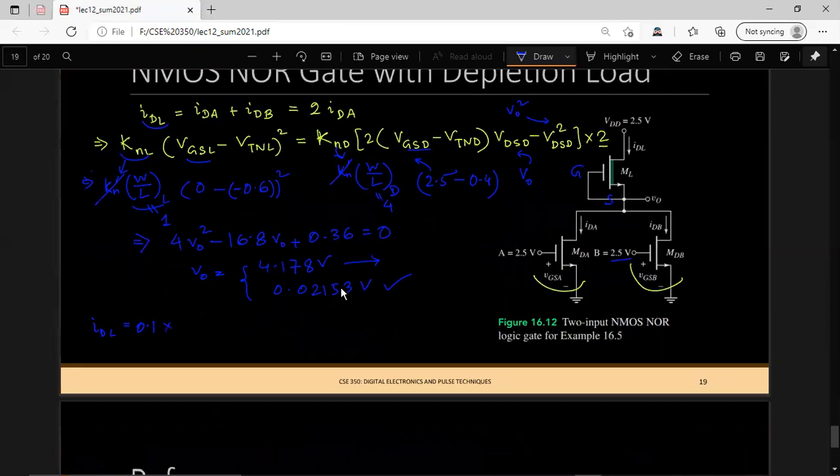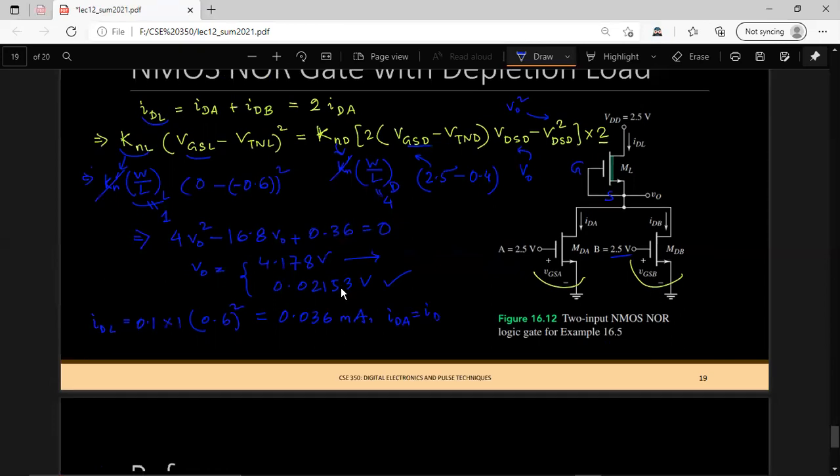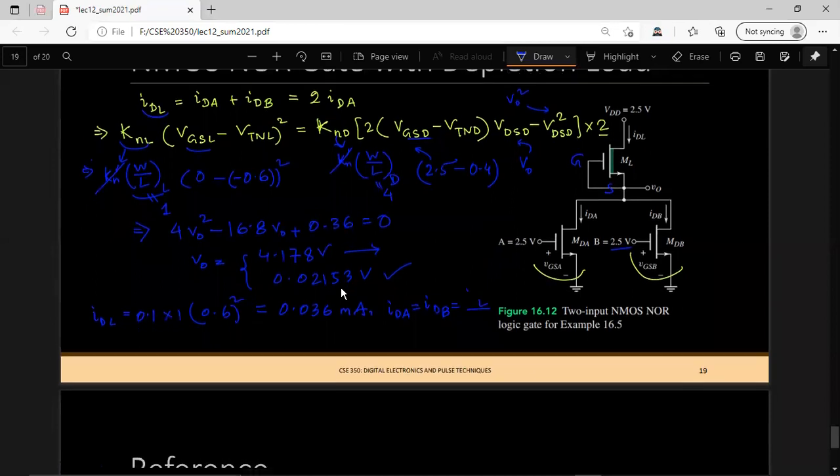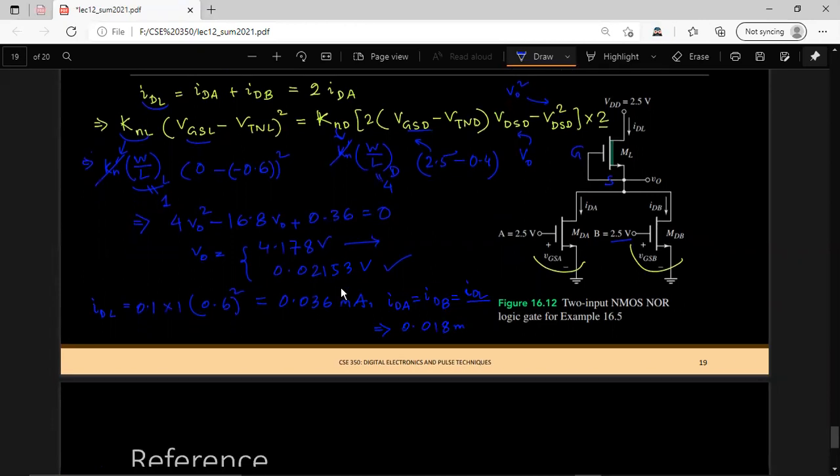W by L is 1, and we have 0 minus minus 0.6, which is 0.6 squared, so 0.36. This gives 0.036 milliampere. And IDA should be half of IDL because they are symmetric, and this is 0.018 milliampere.